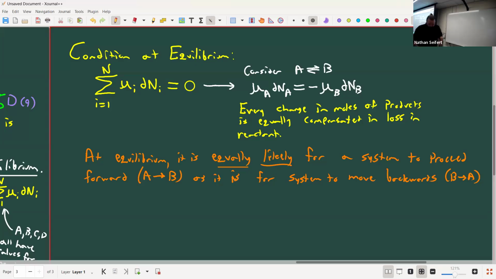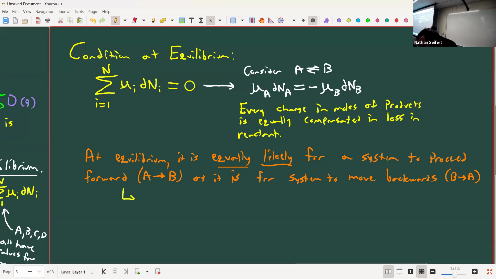And we have a special term for this in chemistry. This is what's called the principle of microscopic reversibility.